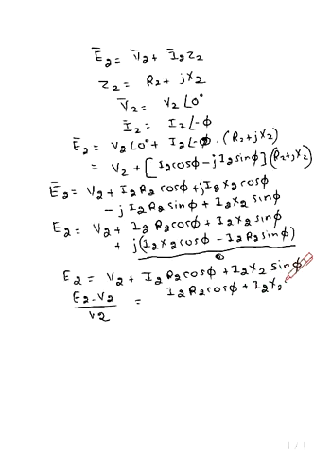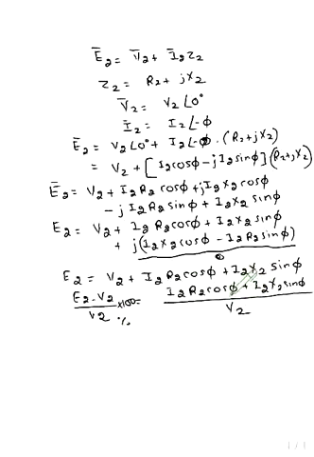Here we can see that V2 is a very large quantity, and as compared to V2 the real part is more and the imaginary part is very small, so this part we can neglect.